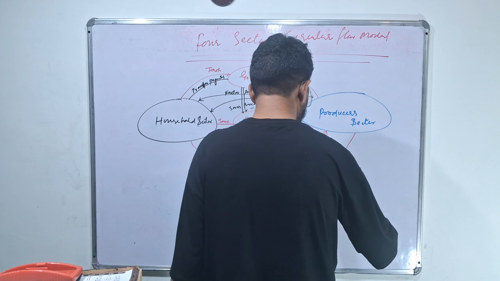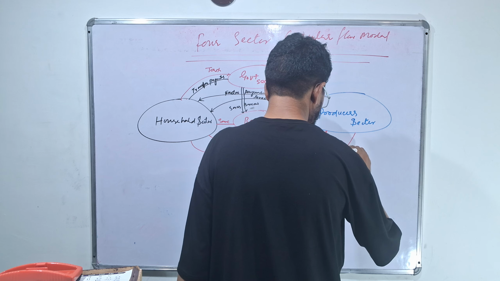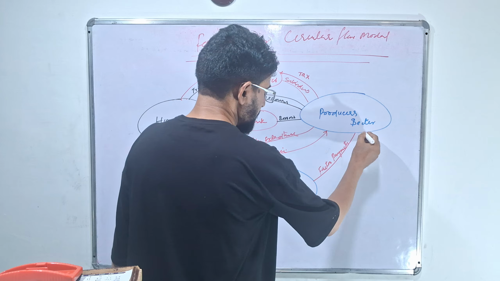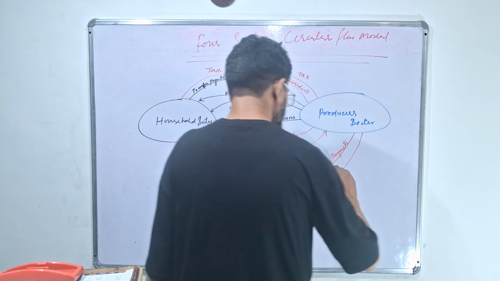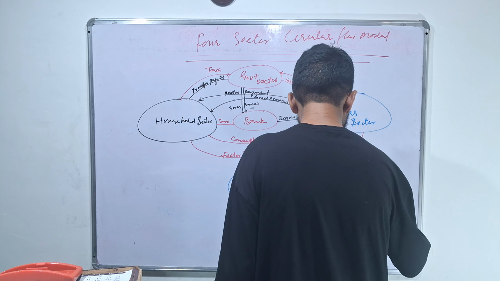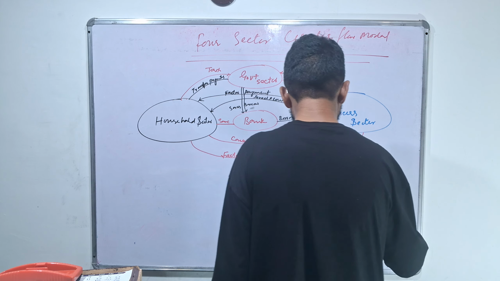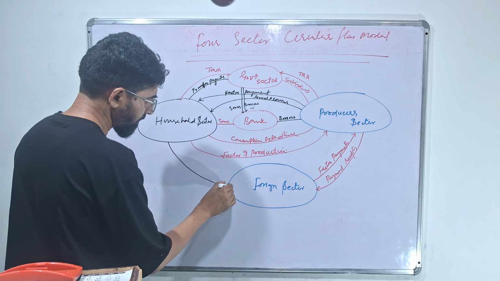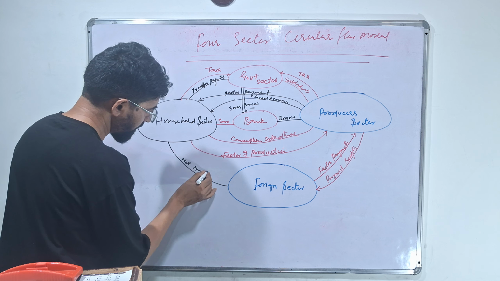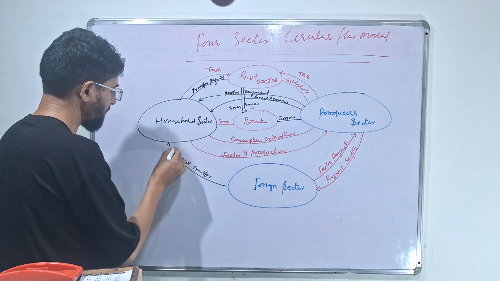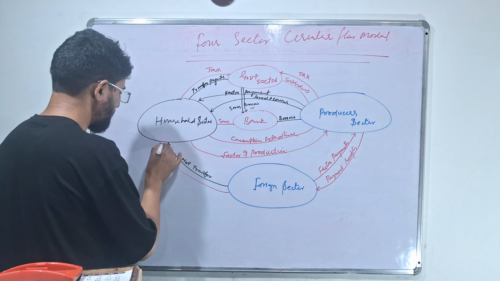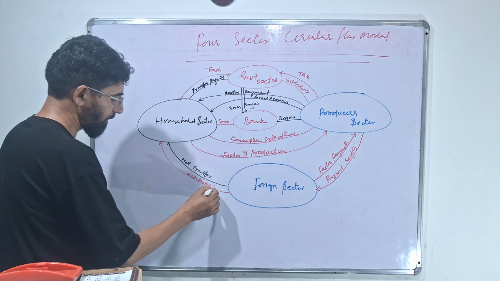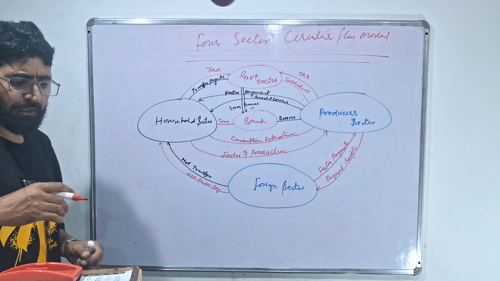The foreign sector pays factor payments, and the foreign sector receives factor payment receipts. Similarly, the foreign sector provides net transfer to the household sector, and net factor payment to the household sector. This is the relationship between the four sectors.